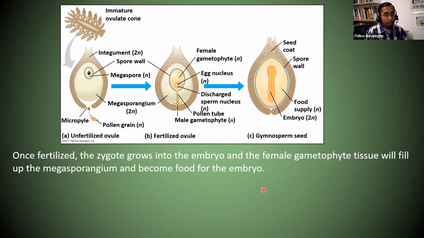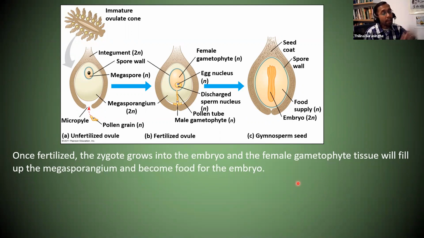And the female gametophyte tissue, now remember what happens? This is the megasporangium. And here you are looking at the developing female gametophyte. The developing female gametophyte will take up the space that was previously occupied by the megasporangium. So the female gametophyte tissue will take over and fill up the megasporangium.